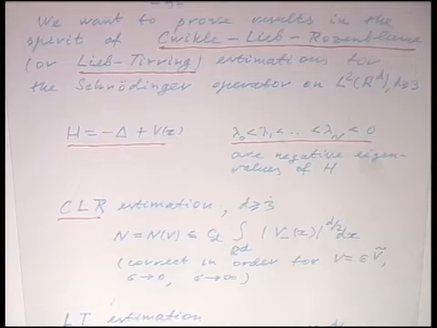In the multidimensional case, there are two famous estimations: Cwikel, Lieb, Rozenblum, and Lieb, Thirring. This is above. This is a classical Schrödinger operator. And the question is, what is the number of negative eigenvalues?